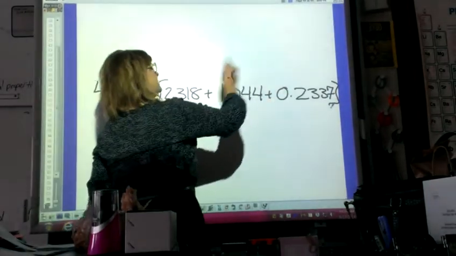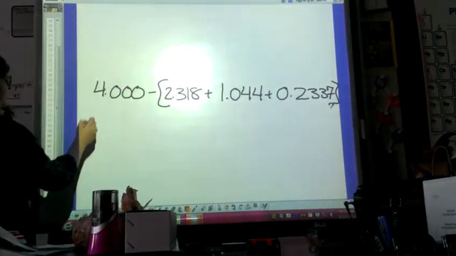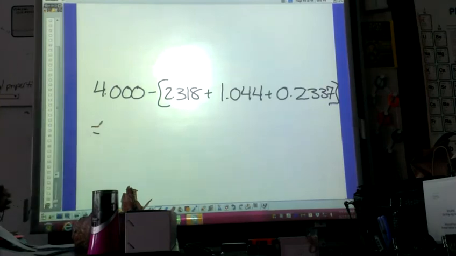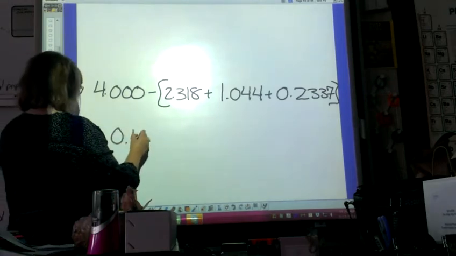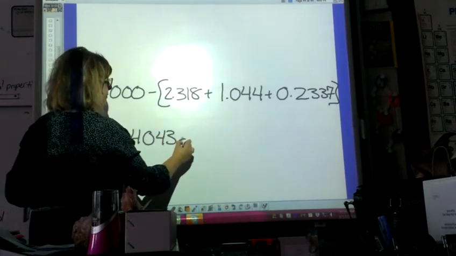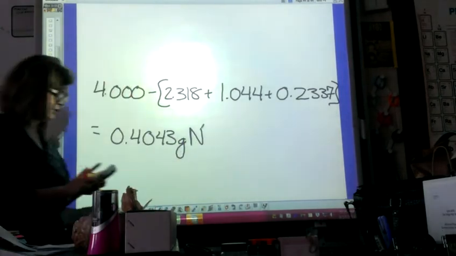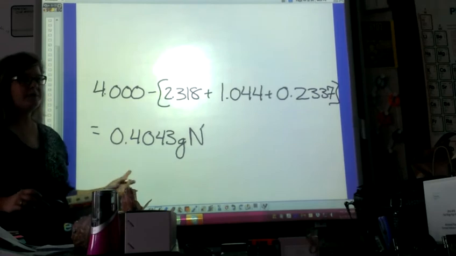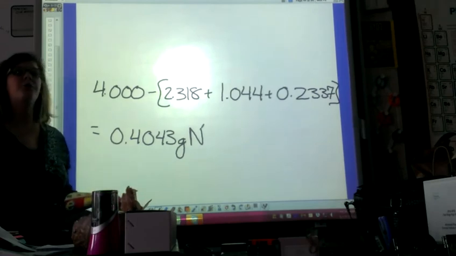So I'm taking all of the ones that I found and subtracting them from 4. That should then give me the mass of nitrogen in this sample. I should get that to be 0.4043 grams of nitrogen.